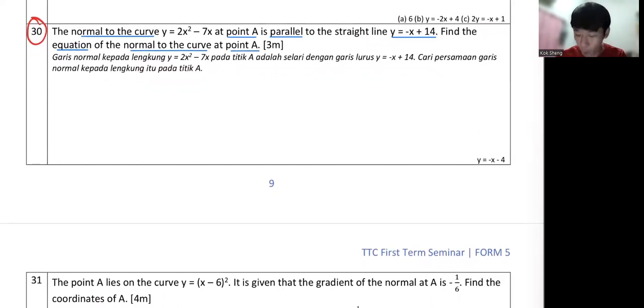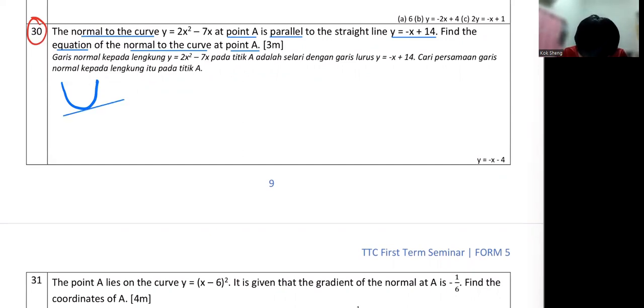Normal to the curve at point A, the first part of the sentence. Okay, so we have the curve here. Now you know where the tangent is, correct? The tangent cuts through one point on a curve. The normal to the curve is still related to the tangent.